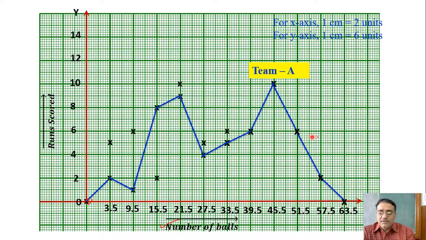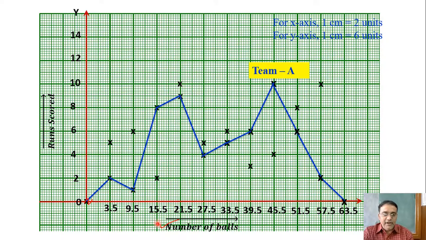Are you checking with your textbook? Yes, sir. Next one is 3. After 3, what is there? Look. Sir, 4. 4, right? Next number? 8. Last number? 10. 10, right, and next after that 63.5.